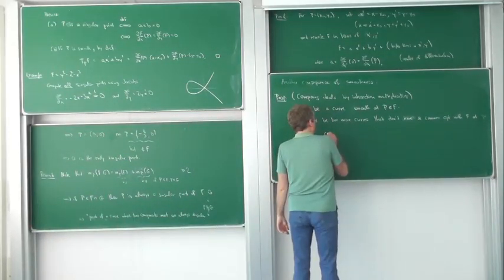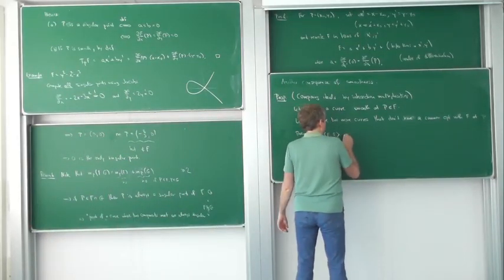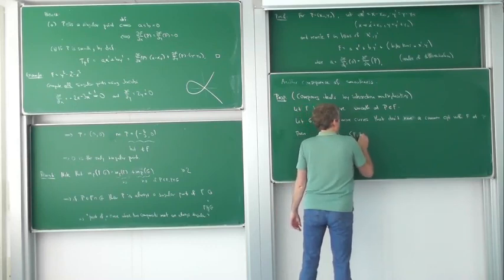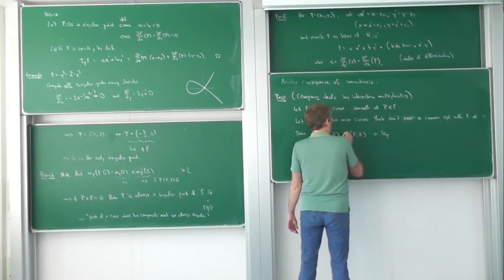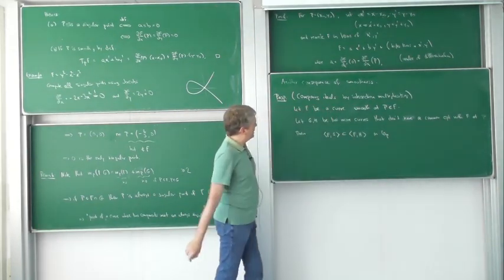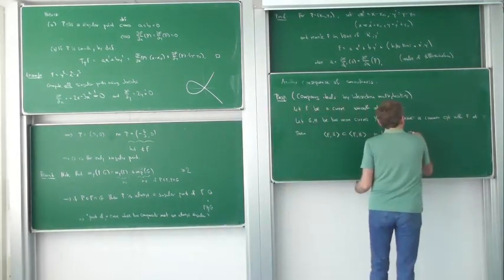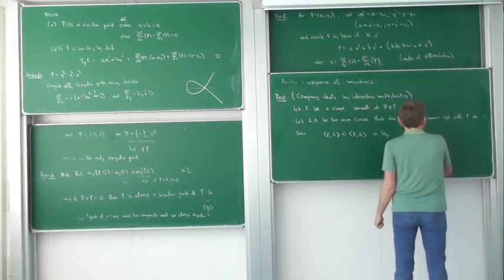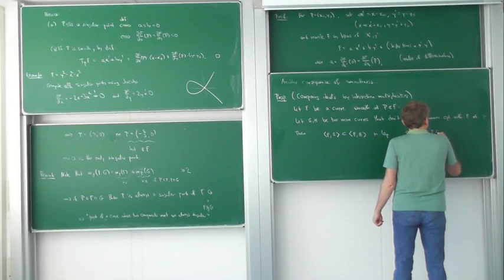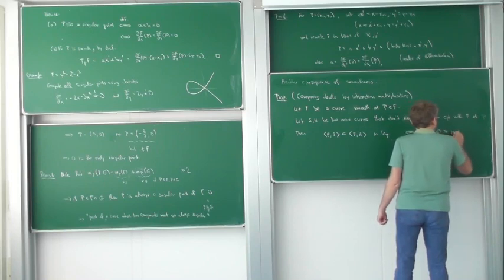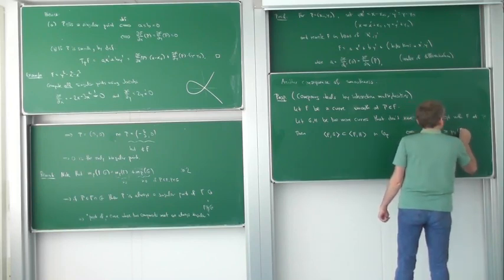And I claim that the ideal generated by F and G is contained in the one generated by F and H in O_P if and only if the intersection multiplicity satisfies the other way around. So if mu_P of F and G is greater or equal to mu_P of F and H.